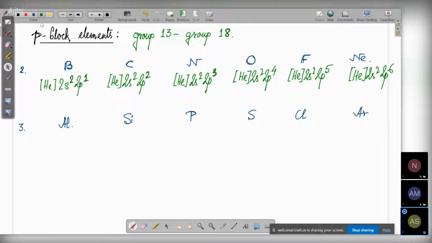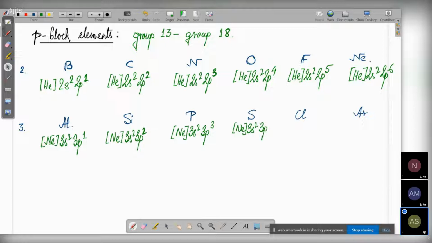So see the configuration here. It will be neon 3s2 3p1, neon 3s2 3p2, neon 3s2 3p3, neon 3s2 and so on.